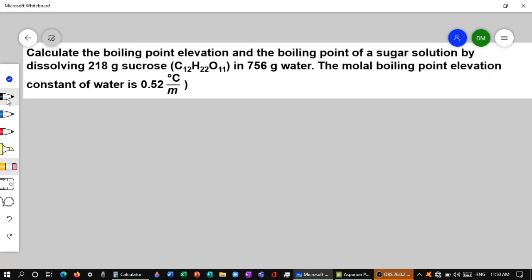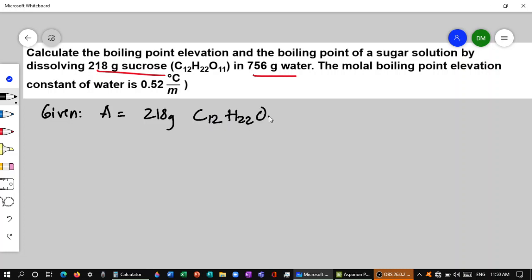So first is to write the given here. Here we have the amount of the solute. The solute here is sucrose, and we have the solvent, which is the water. Again, we'll use the variable A for the solute. Again, that's 218 grams of sucrose, C12H22O11.